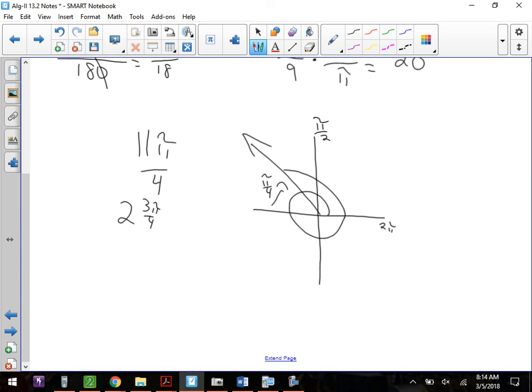So let's see here. That means, if I subtract 2 pi, my positive coterminal would be 3 pi over 4. Okay. There's my positive. My negative then would be, well, here's negative pi plus a quarter.